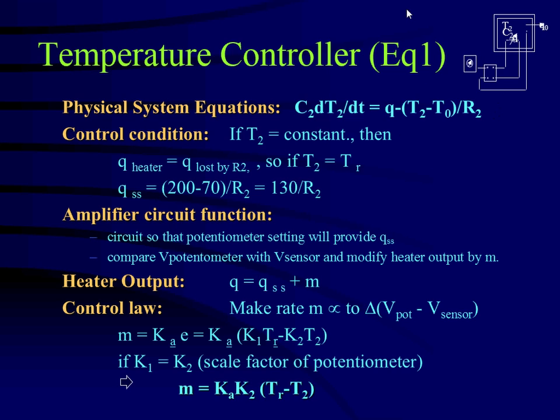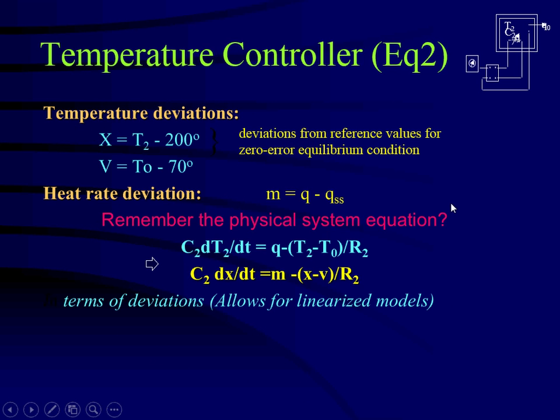And this would be something like this. But the output is a steady state plus this control. So the temperature controller here, if you have these equations, this equation is the one that controls this one.